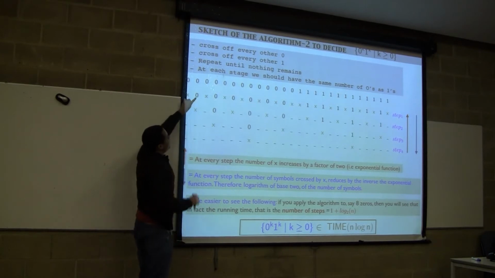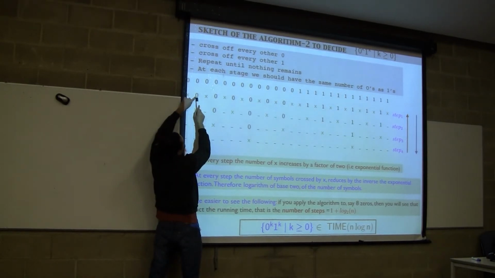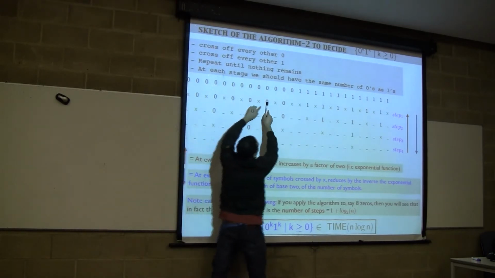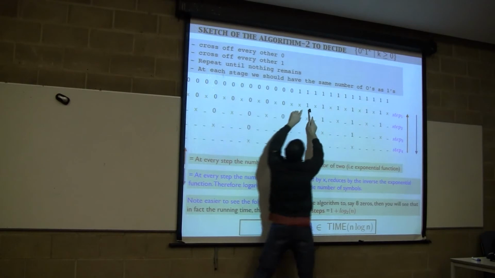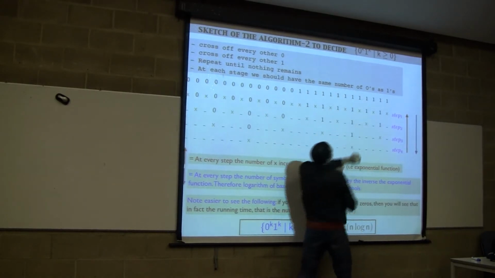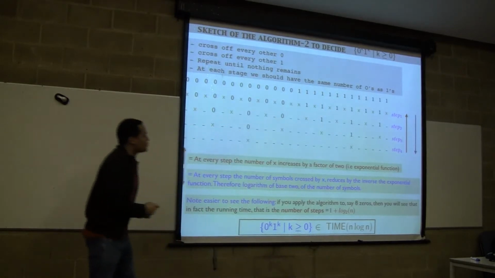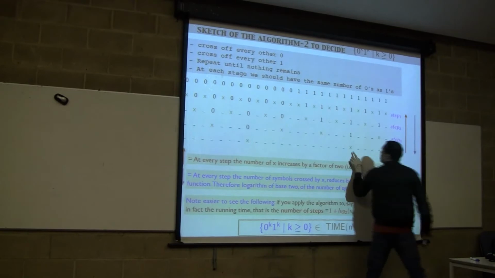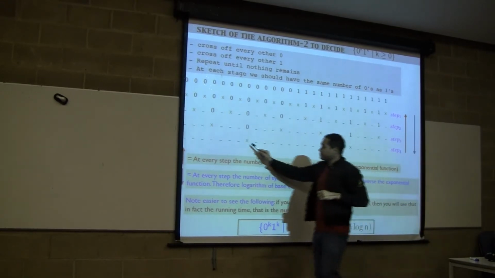Now I see every other 0, I mark it, and I do exactly the same for 1. I do this process until I reach the final stage, which is step 4, and I remain with just x's there.